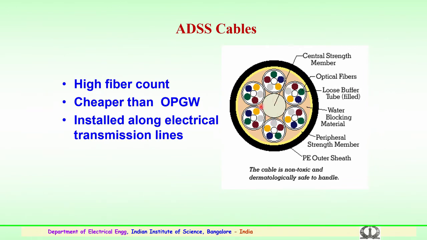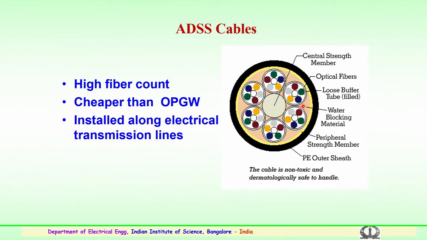It consists basically of a central core, which is a mechanical strength member, followed by the optical fibers of desirable numbers.